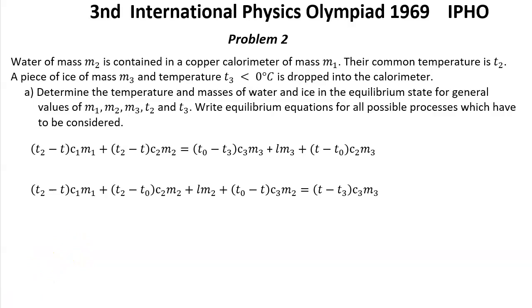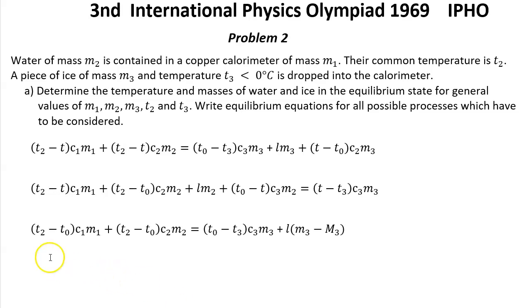And the third case is when everything became temperature T0. In that case we have on the left side all the heat which was taken from water and calorimeter to get zero temperature. That's this one. And on the other hand we have the same thing for ice, which was given from temperature T3 to temperature T0, this one, plus the change of heat created due to the change of mass M3.